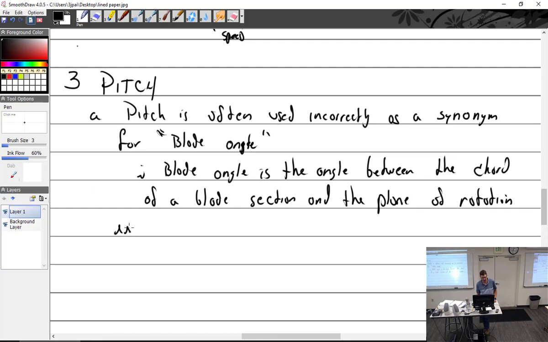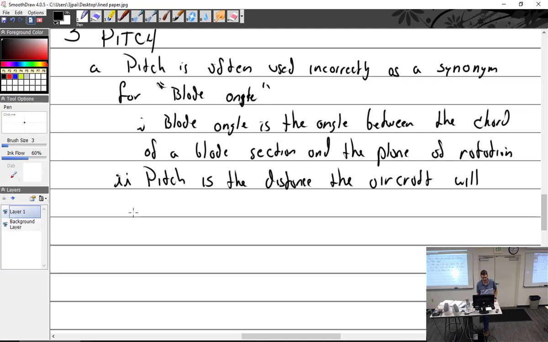All right, pitch, or blade pitch, is the distance the aircraft will move forward with one revolution of the prop.